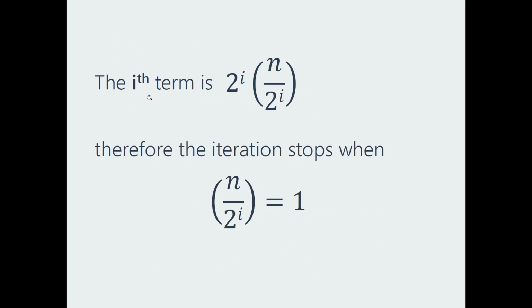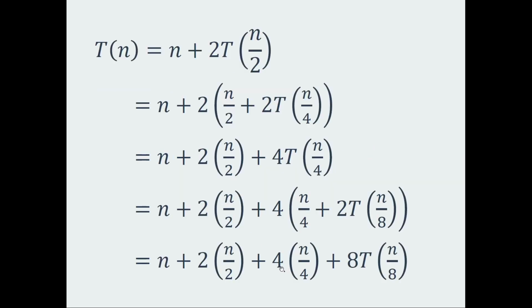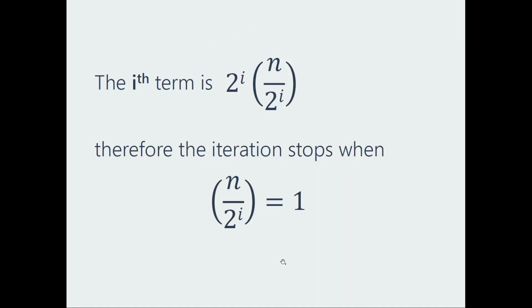And the ith term is the last term. Therefore, the iteration stops when n over 2 raised to i, this term here, is equal to 1. Again, this first term is the number of recursive calls. As you can see here, we have 2 recursive calls, 4 recursive calls, and so on. And this is how we divide the array.